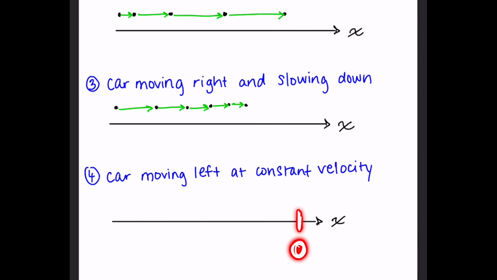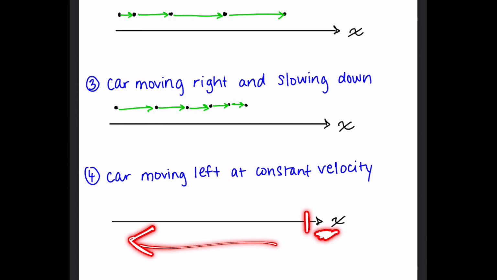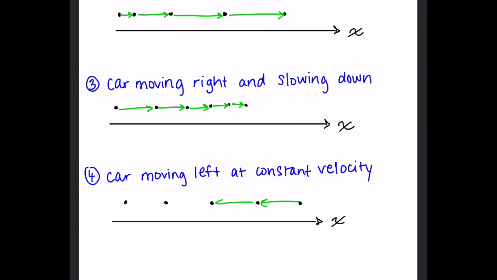We're not starting from here anymore because now we need to move to the left, and the right is our positive direction of motion. So we need to move opposite to that. Constant velocity, we need to make sure our clock readings are evenly spaced. And now we are going to add our vectors. Our vectors are going to be pointing towards the left, opposite the positive direction of motion.